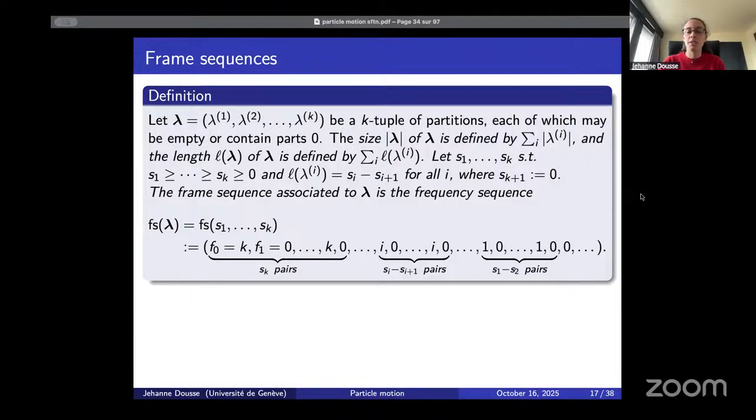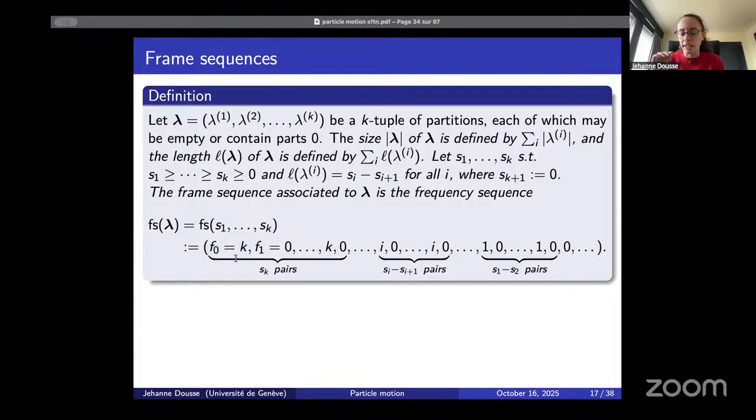And if you have such a k-tuple of partitions, the frame sequence associated to it is defined that way. It is very similar to what Warner did, but the difference is now we start with frequency 0.